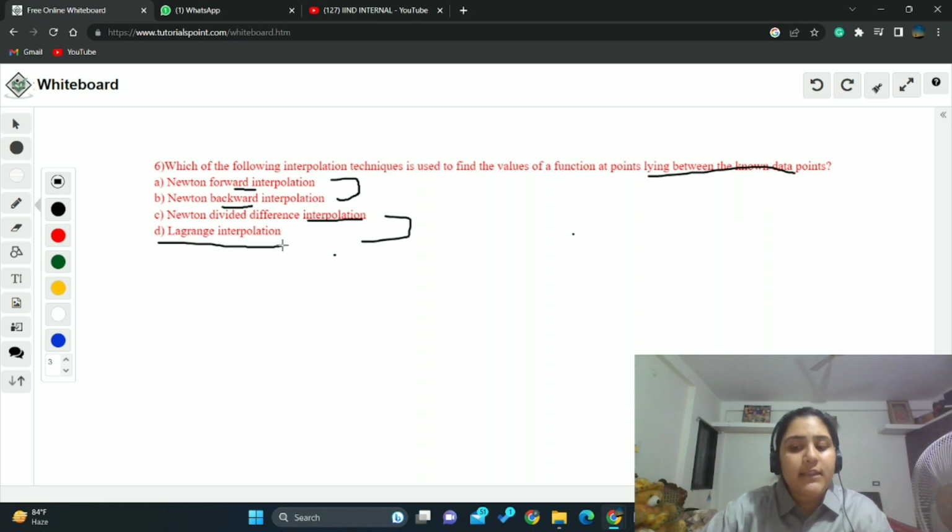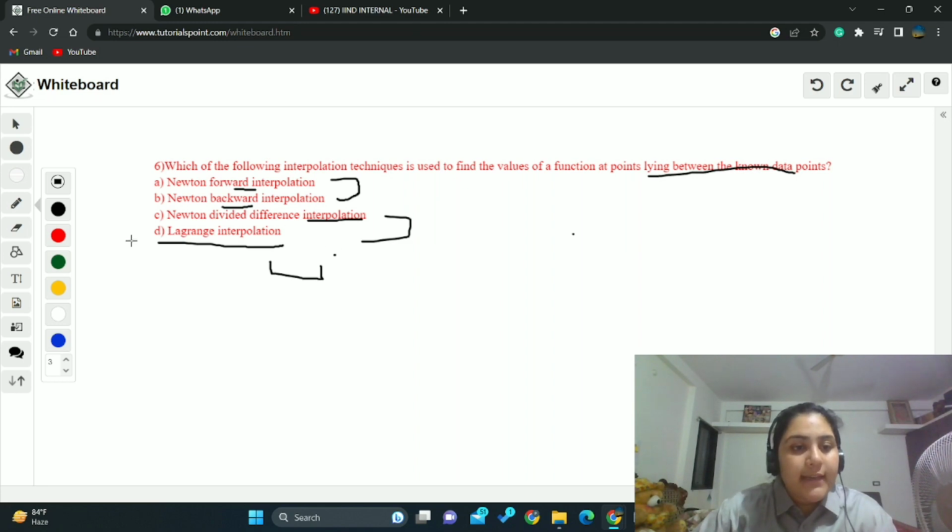Lagrange interpolation is a widely used technique for finding the value of function at a point lying between the known data points. It constructs a polynomial that passes through each of the given data points, allowing the interpolation between those data points. So the Lagrange polynomial can accurately estimate the function value at a desired point within the data range.